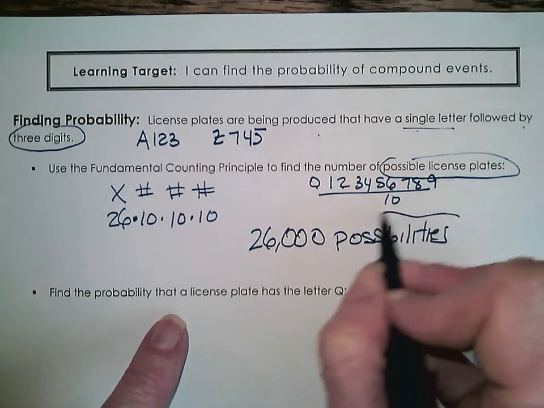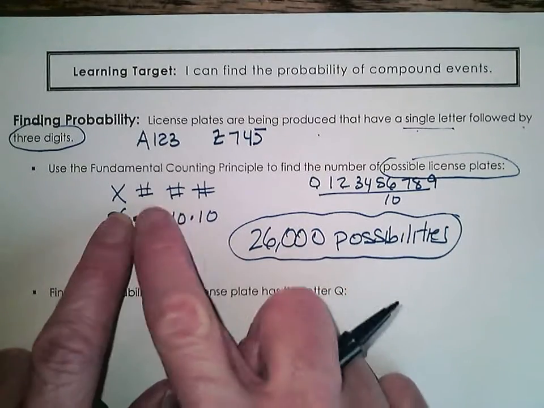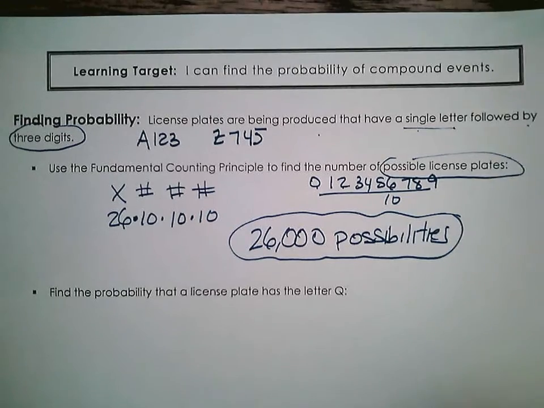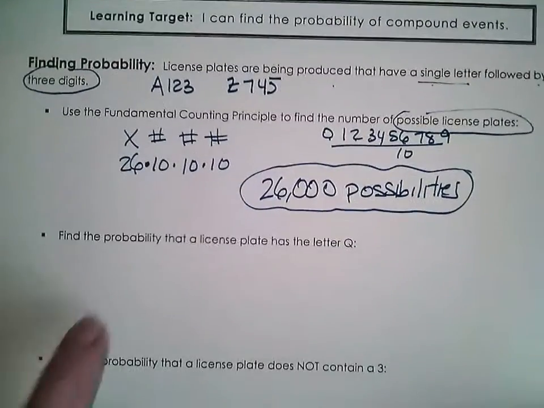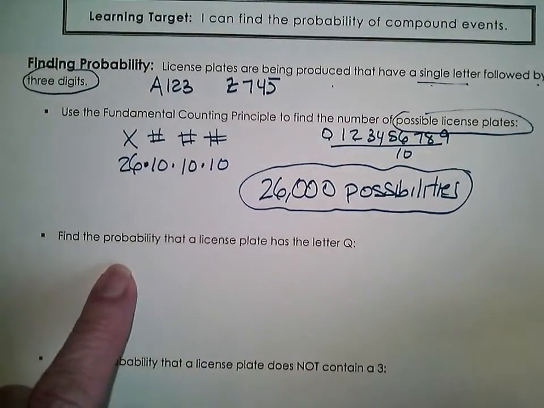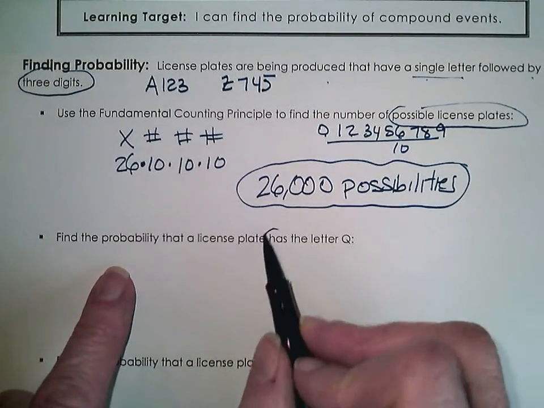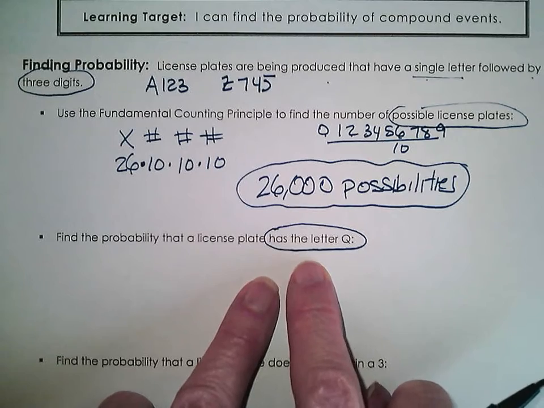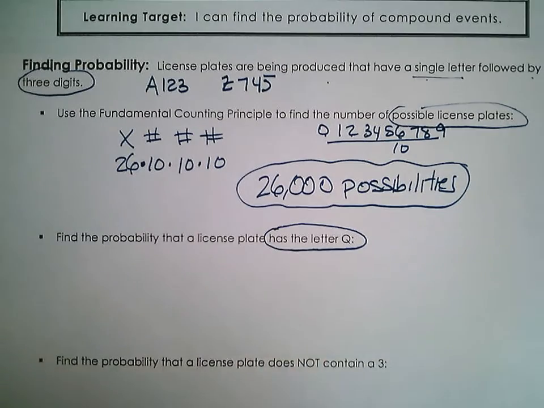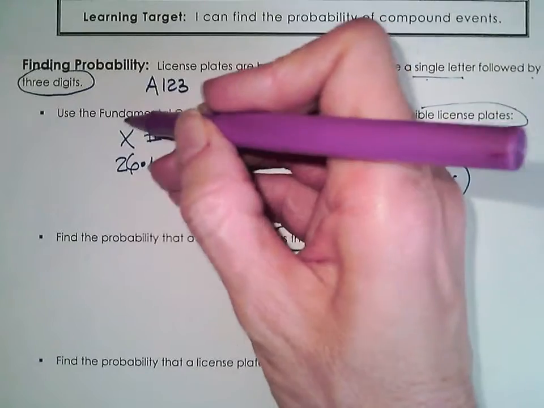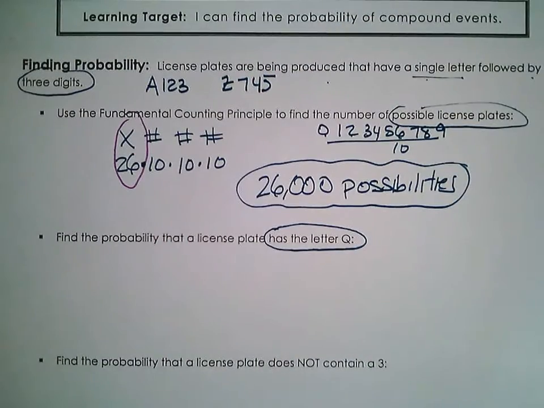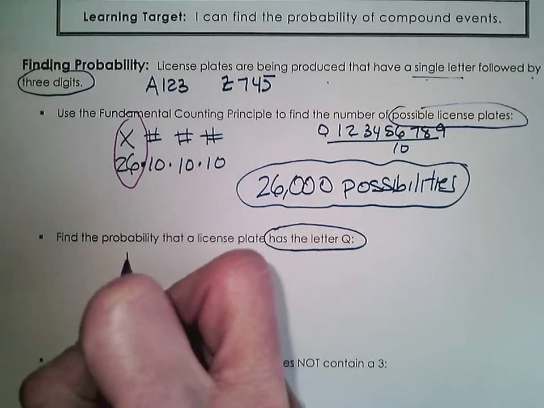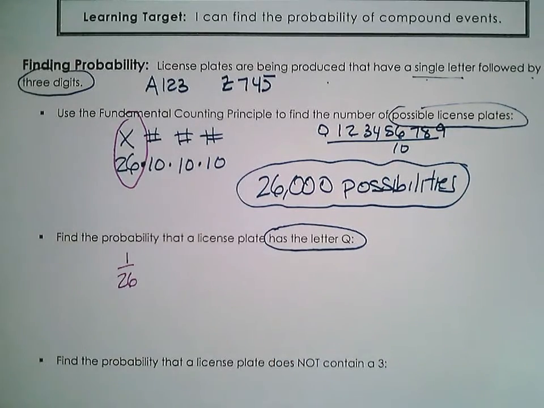Okay. And that's for a pretty small license plate number with just 1 letter and 3 digits. So now we're going to find the probability that a license plate has the letter Q. Now, there are a couple different ways you can think about this one. Really, all we have to look at is this number right here. There's only 1 Q out of 26 letters, so the probability would be 1 out of 26.